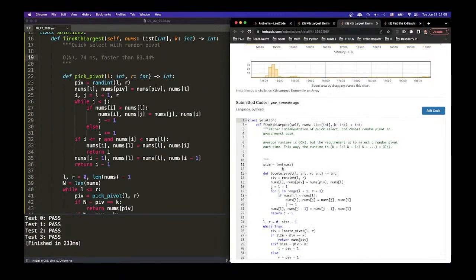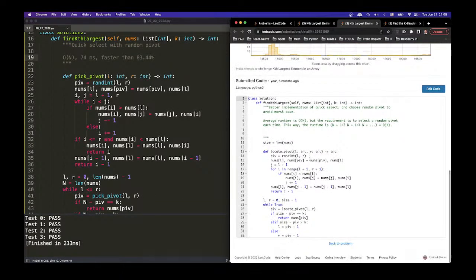You can see it's slightly different. I have piv, we have this. For I all the way to R, if this is smaller, then we do this, and J plus equal 1. This surprises me. J and I both start at the same position.